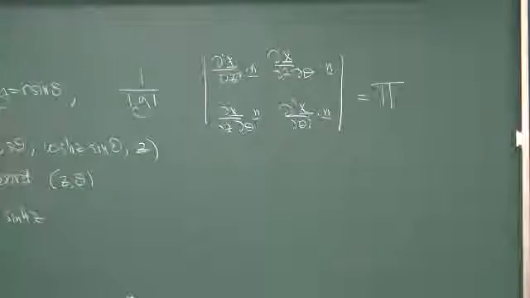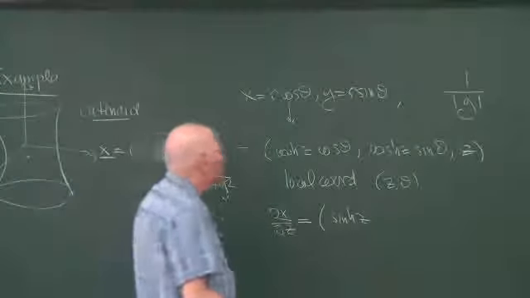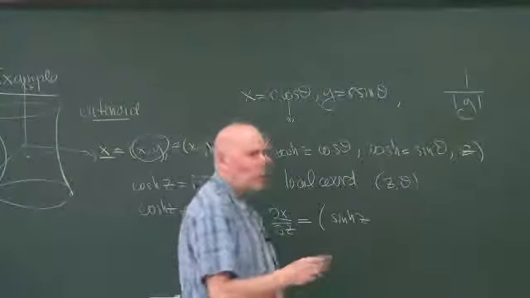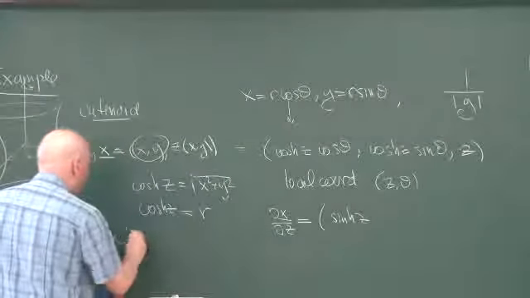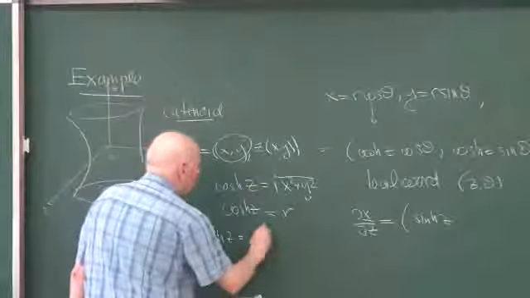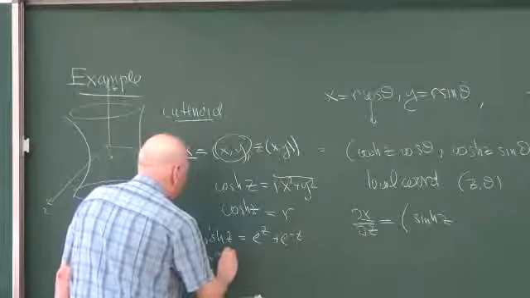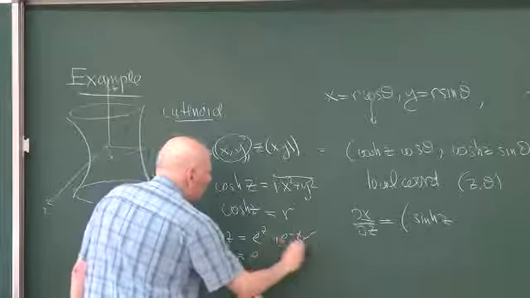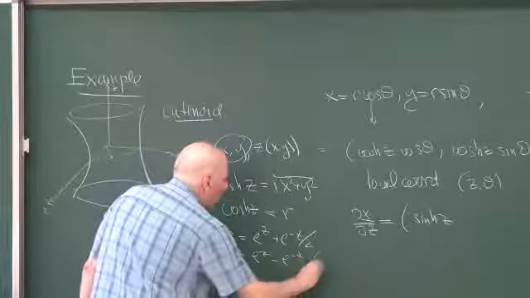Let's review: hyperbolic cosine is (e to the z plus e to the minus z) divided by 2, and hyperbolic sine is (e to the z minus e to the minus z) divided by 2.